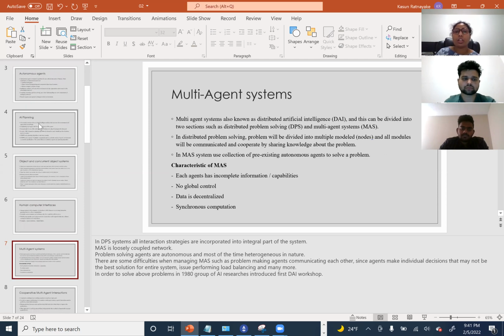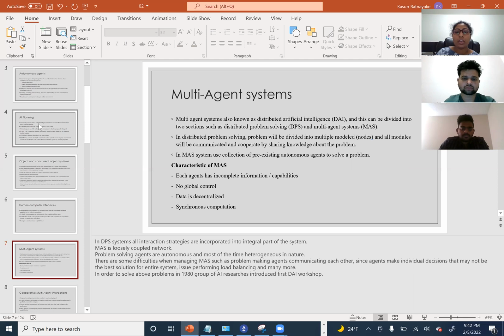Multi-agent systems, also known as distributed artificial intelligence, can be divided into two sections: distributed problem solving and multi-agent systems.